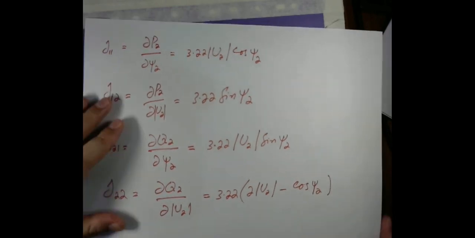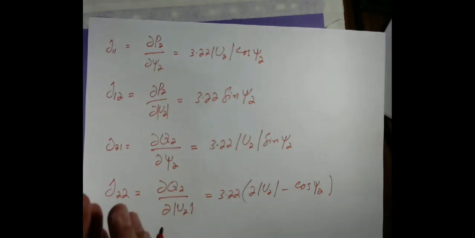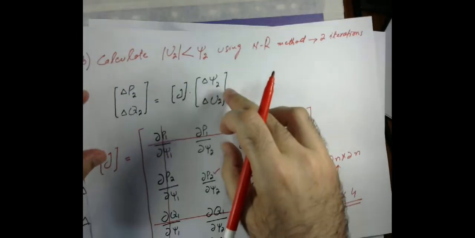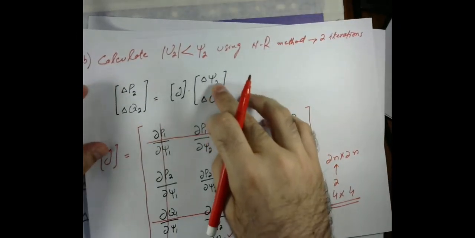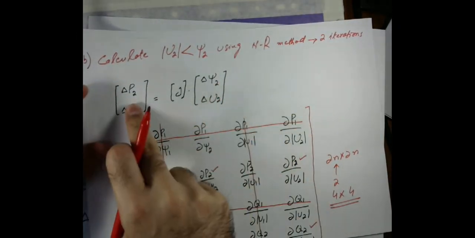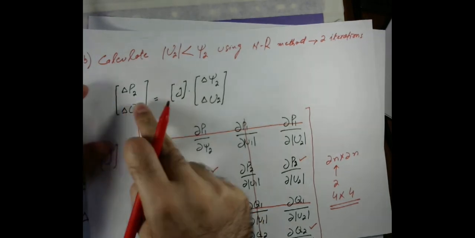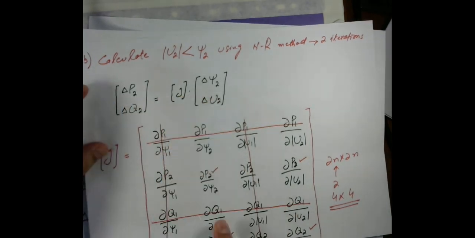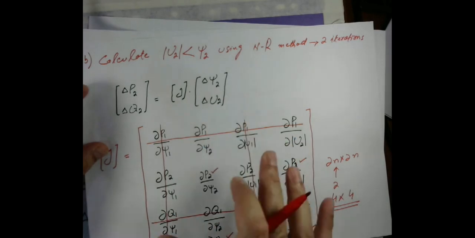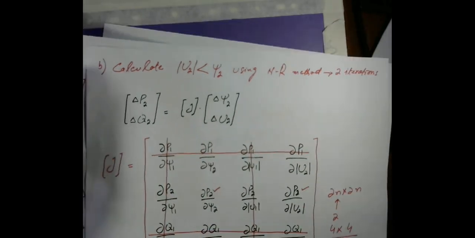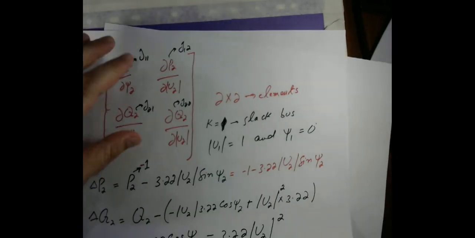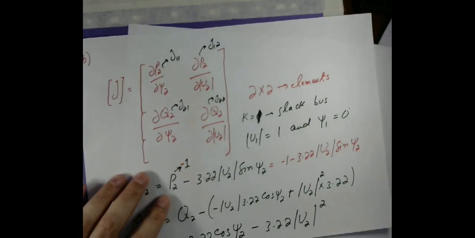So now we have determined all the 4 entries. As I mentioned, for calculating the error in the first guess, we have to determine the power mismatch, which we determined, and afterwards we determined the Jacobian matrix. We reduced it. After reduction, we know that it has 4 cross 4 elements. These were the elements of the Jacobian matrix.